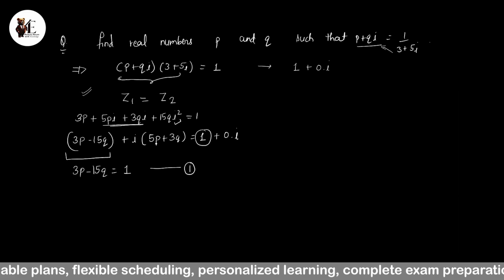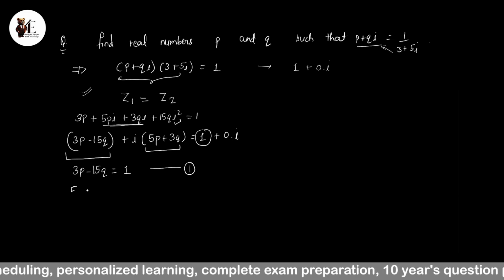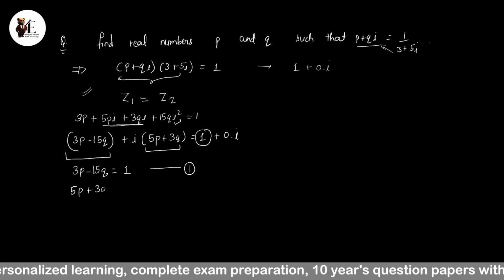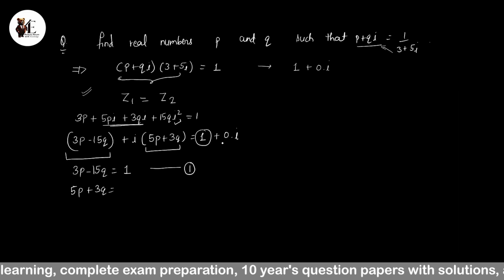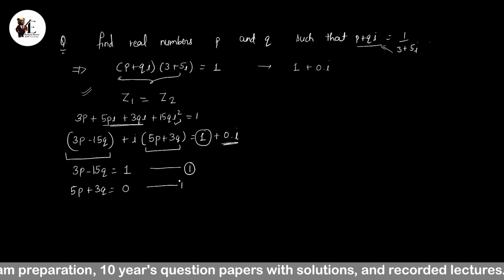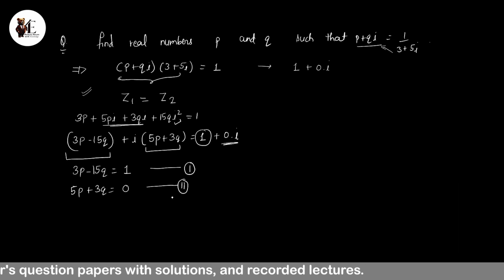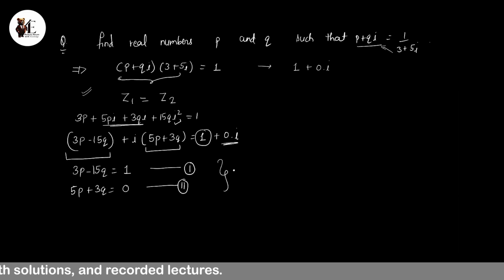Now comparing the imaginary parts, on the left hand side the imaginary part is 5P plus 3Q, and there is no imaginary term on the right hand side, it is 0. So that will be the second equation. I think you have to solve these two equations, and that will be your homework, and you can find the values of P and Q.